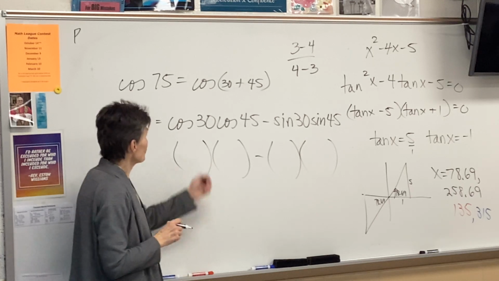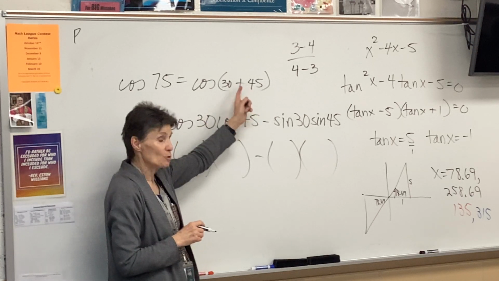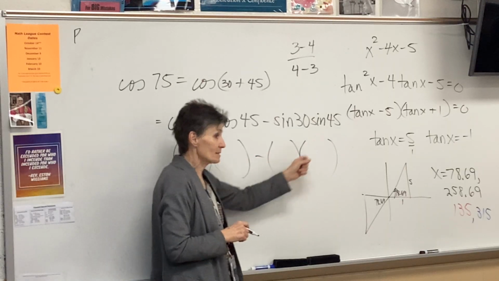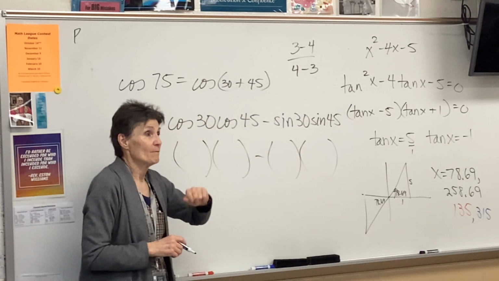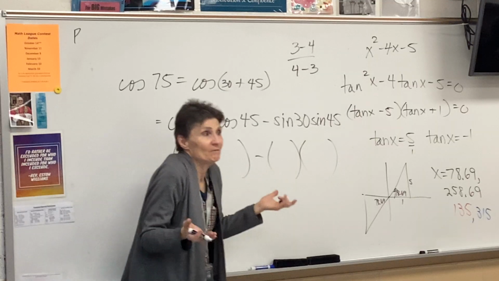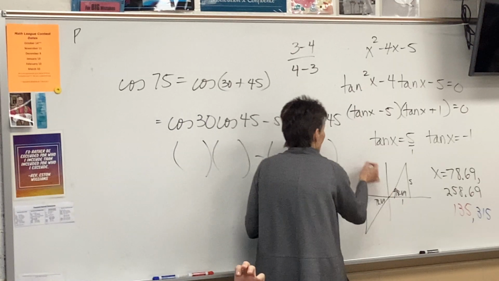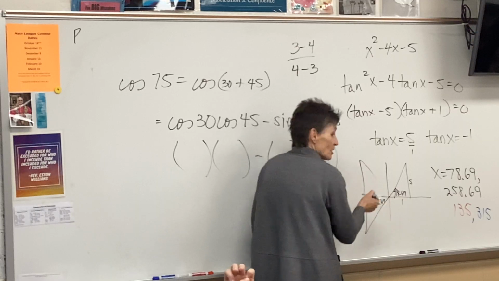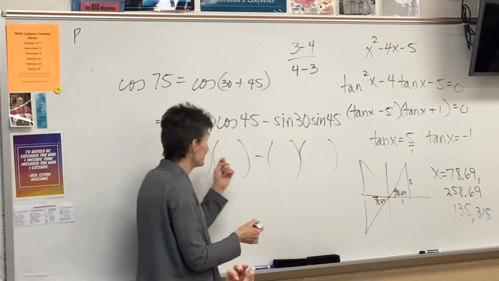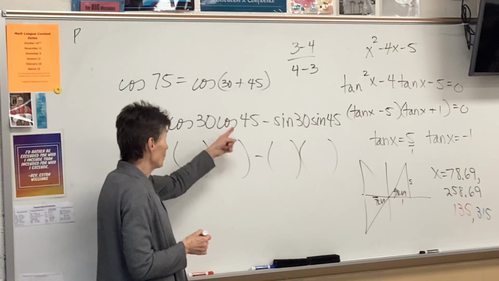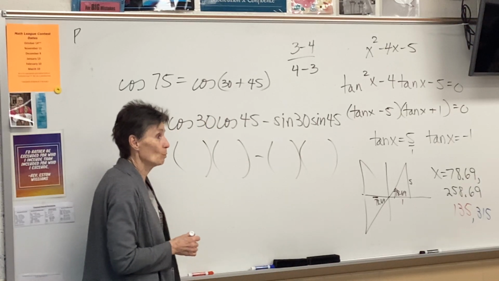As long as the U and V that you pick are in quadrant 1, it's positive, positive, positive, positive. But if you pick an angle like 150 to use, remember 150 is in quadrant 2, so that's going to be negative. So you might have some negatives inside your parentheses. We won't, because we're in quadrant 1.